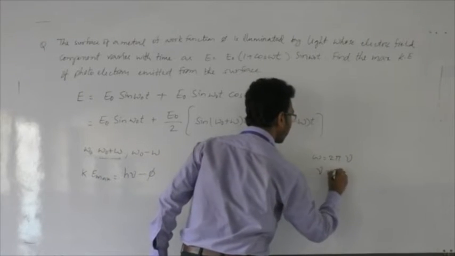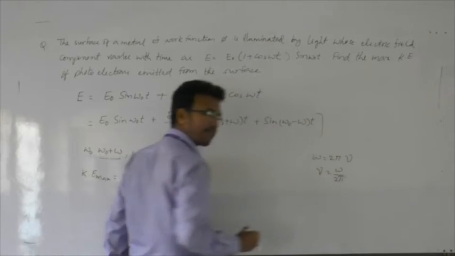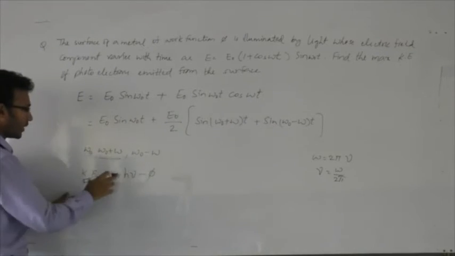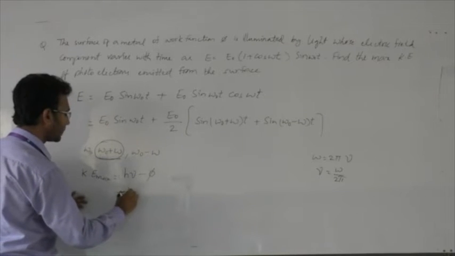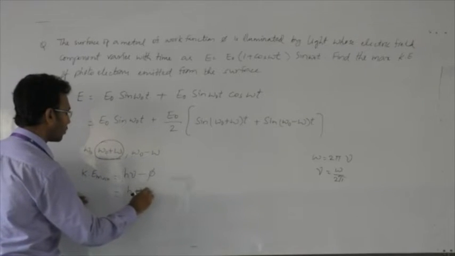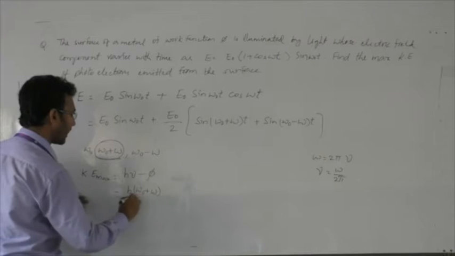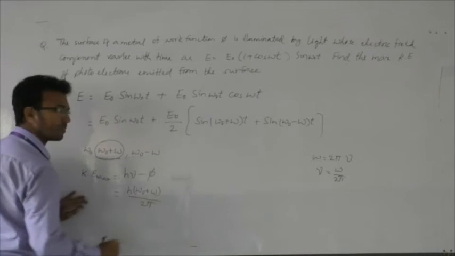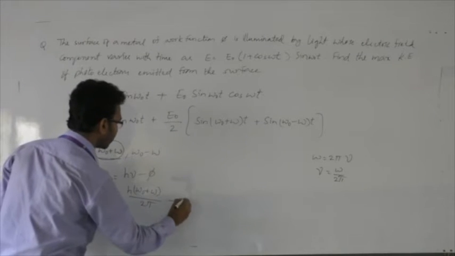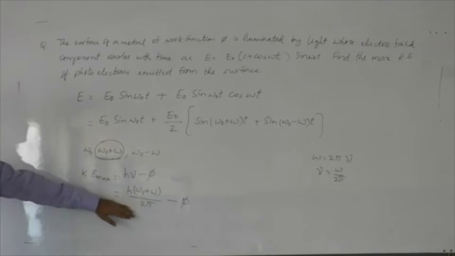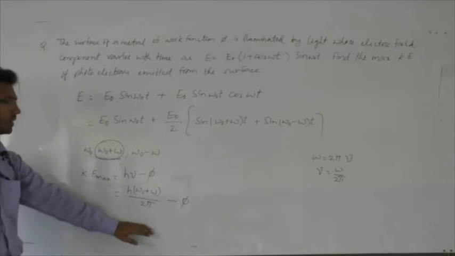So nu will be omega by 2 pi. So now which frequency am I mentioning? This frequency. So therefore Ke max will be h times (omega naught plus omega) divided by 2 pi, minus the work function phi, which is given.